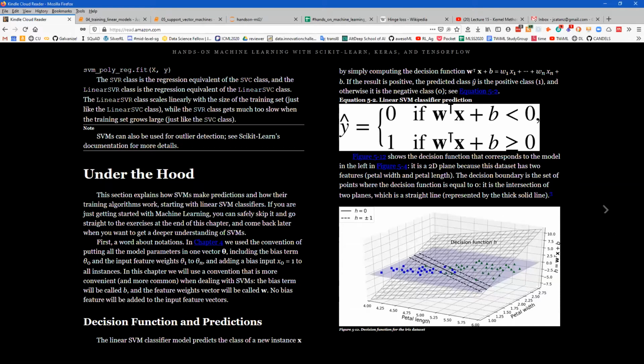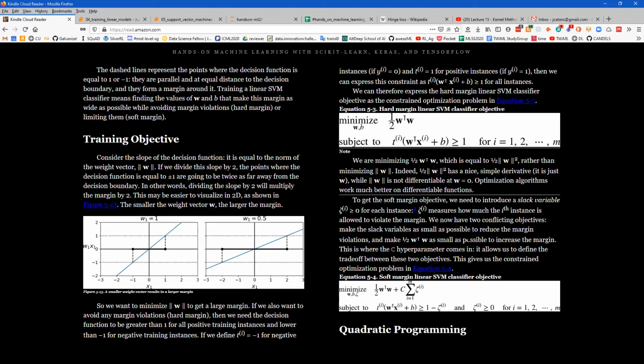And then when he talks about a margin violation, he talks about introducing a slack variable, zeta, that's this Greek letter, for each data instance, and zeta measures how much that instance is allowed to violate the margin. I'm not sure what he means by allowed to.